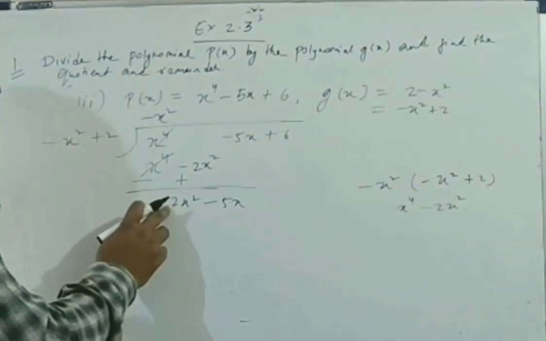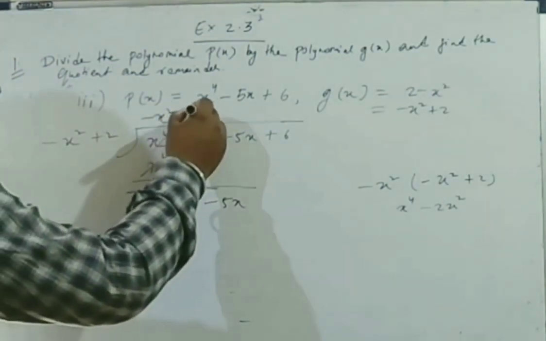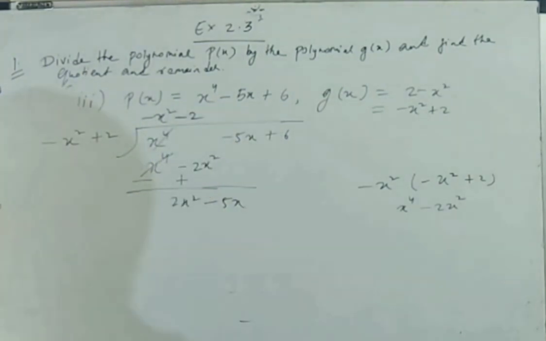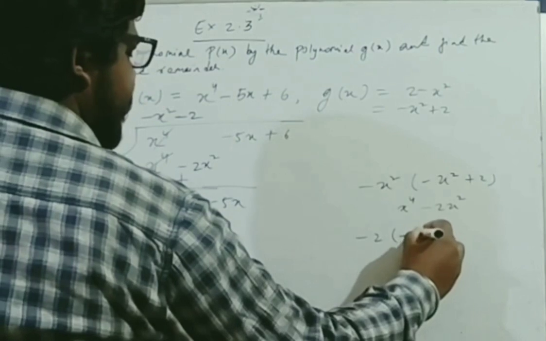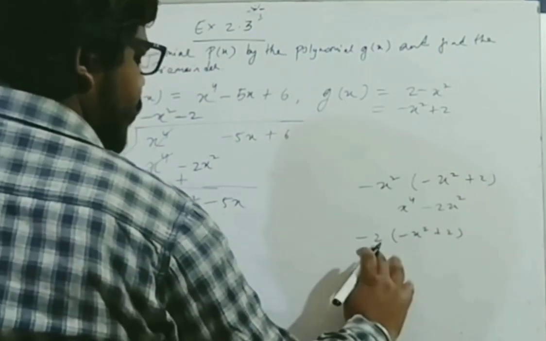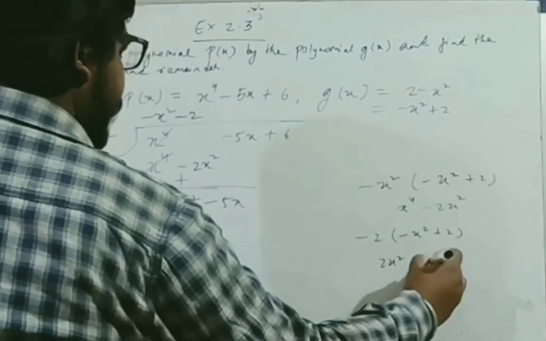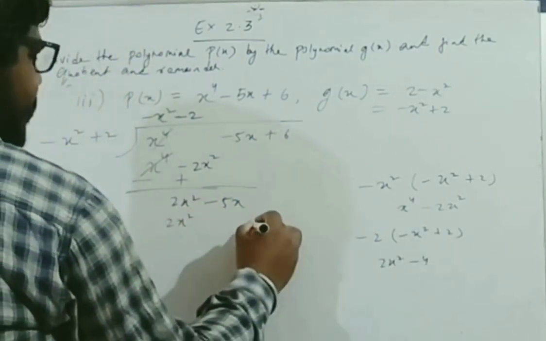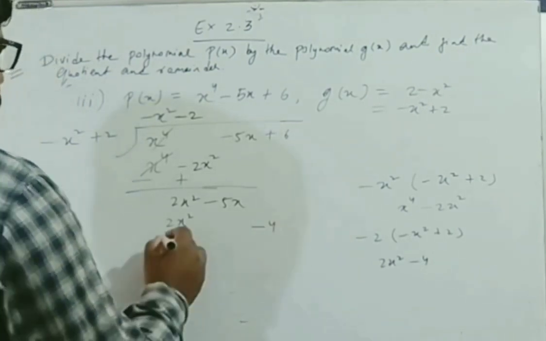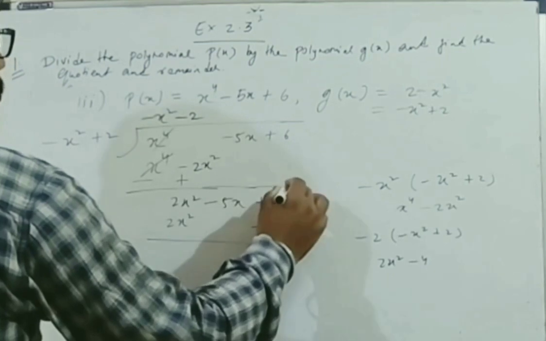There is no like term for this, minus 5x. Then 2x square you want, minus 2 minus x square here. So minus 2. What are you going to use? Minus 2. So minus 2 into minus x square plus 2. So this is plus 2x square and minus 4. So plus 2x square and again minus 4 here. Okay, then take the other constant term also.